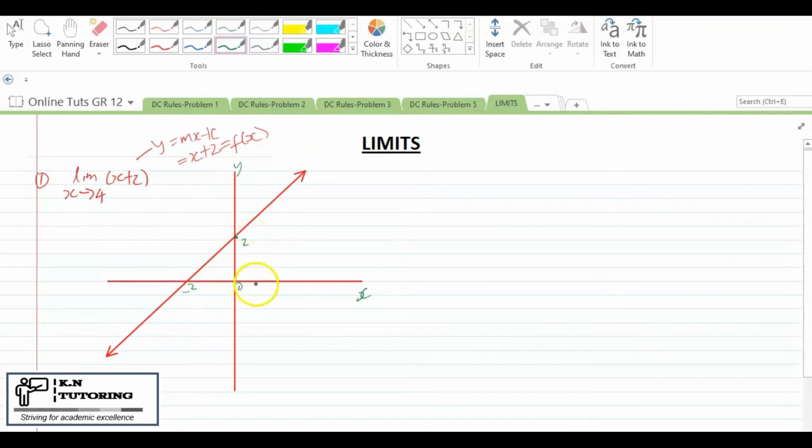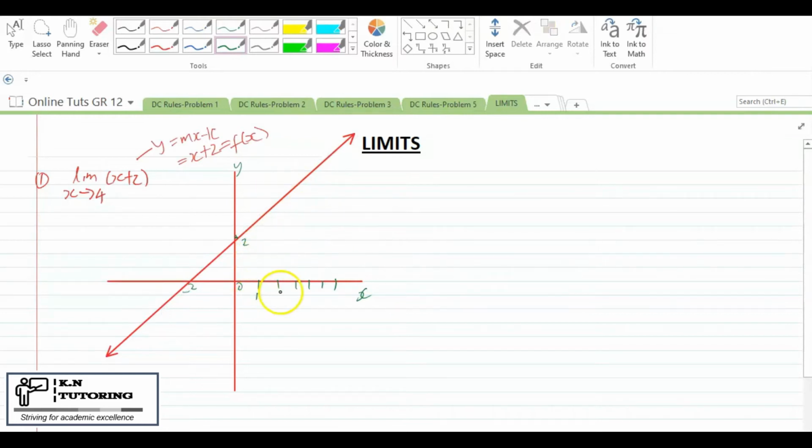Now suppose we have these points. If I may, I want to extend this. Yes, if I may just extend this. Okay, so what does this mean?